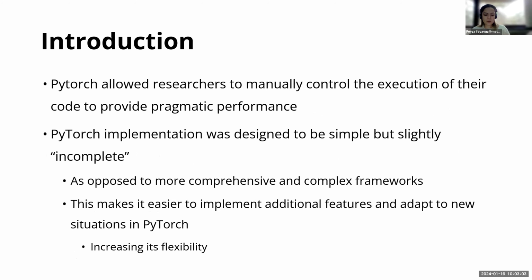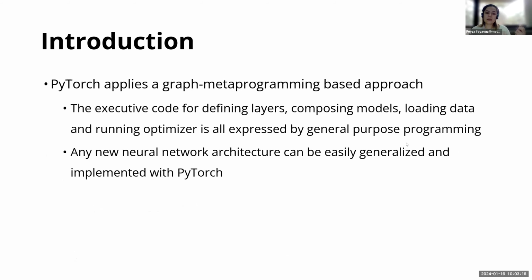By incomplete, I mean it's easy to implement or adopt new features in PyTorch, and this makes PyTorch very flexible. PyTorch applies a graph metaprogramming based approach, so we can implement any neural network architecture with it. And we basically make our custom neural networks with PyTorch.